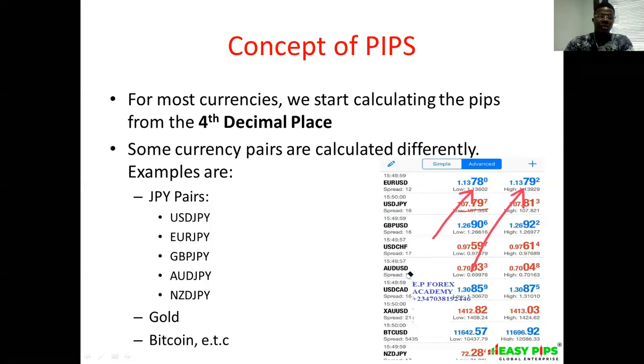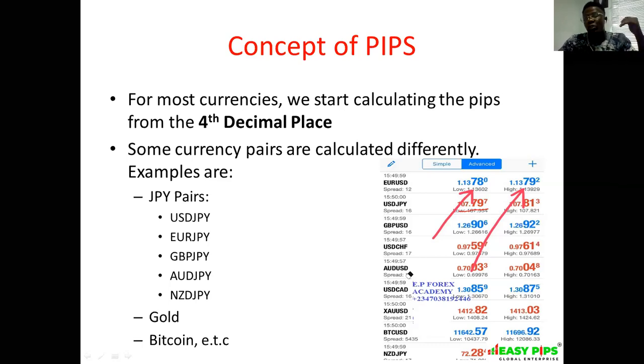These things don't just come to you easily. You are new to the system. So get used to calculating pips so that by the time you start actively trading, you won't have issues calculating the number of pips, calculating where you want your profit to get to, or where you want your stop loss to stop.